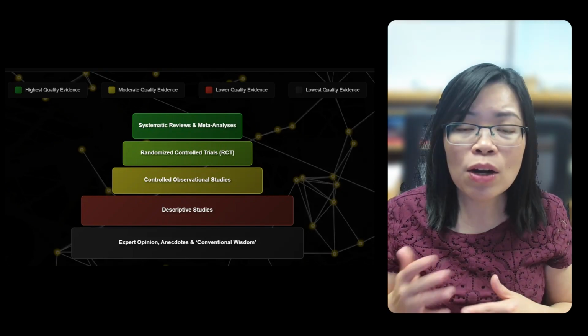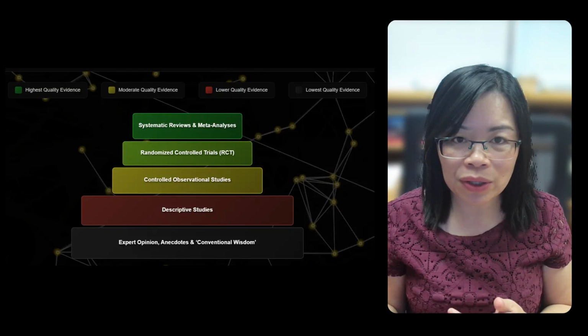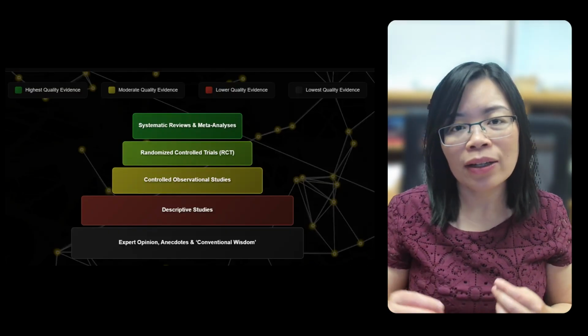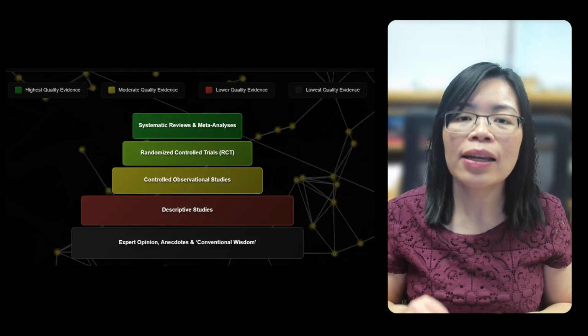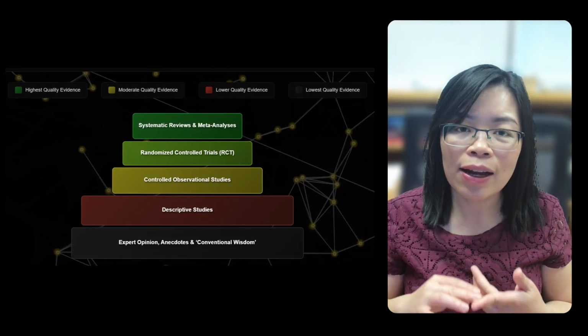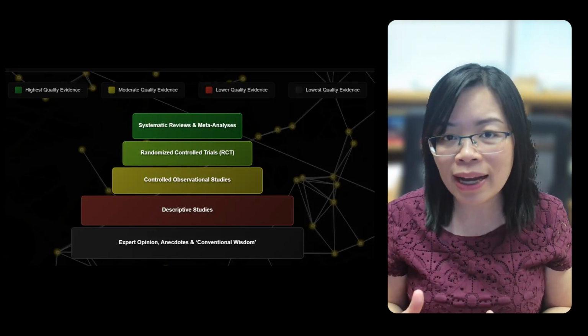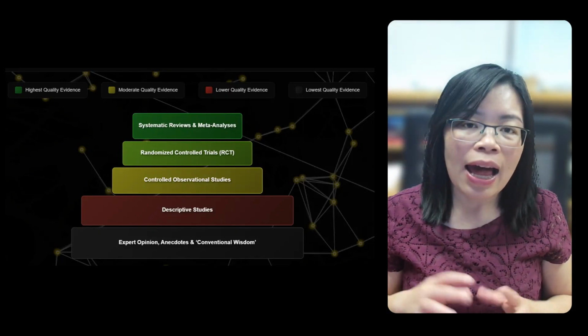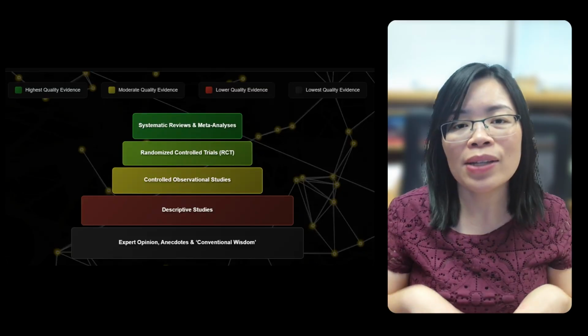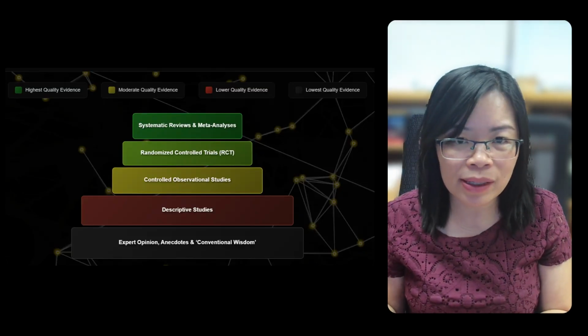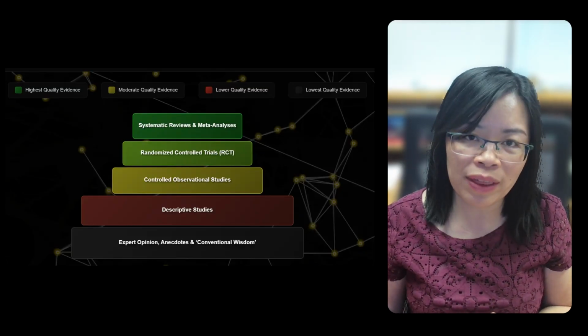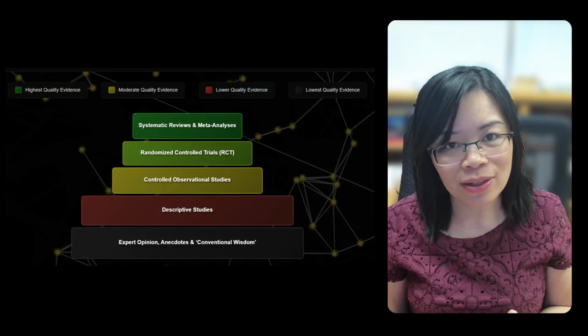For example, a randomized control trial, also known as RCT, is higher in the hierarchy than a single case study because a randomized control trial by design has less bias. Hierarchy of evidence tells us which form of evidence is generally more trustworthy, assuming ideal conditions.